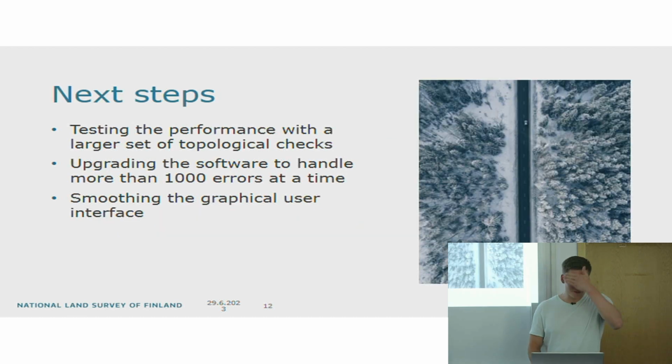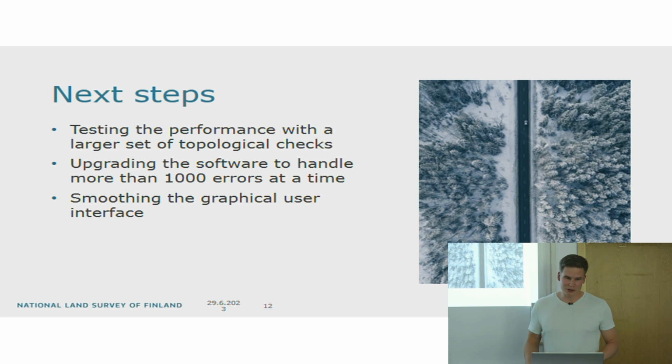Right, and then for the next steps, so basically we are testing the performance with a large set of topological checks. We are adding, like, I think we have now made maybe like 20% of the topology checks for the different object classes. So we are adding the rest of them over this summer.